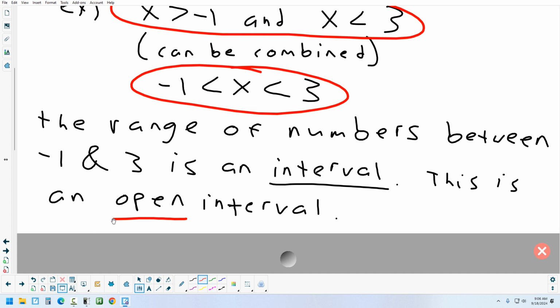Does anybody have a guess what makes this interval open? Yes, yeah? Because it has two different sets of numbers, or numbers that belong to different sets.